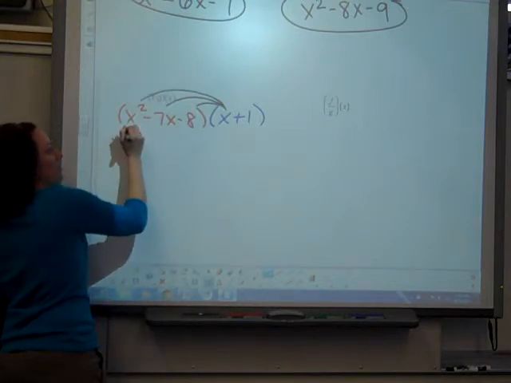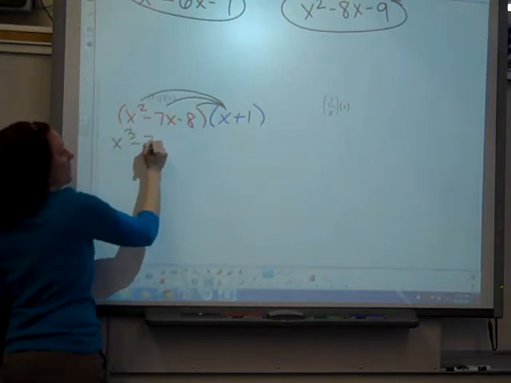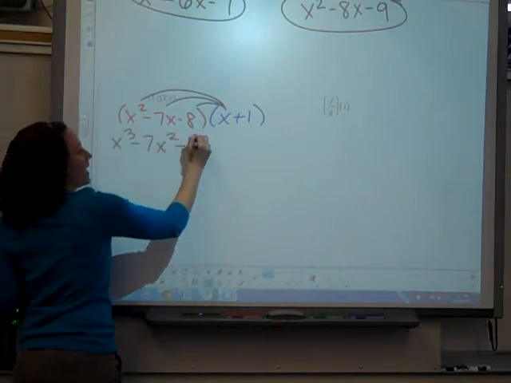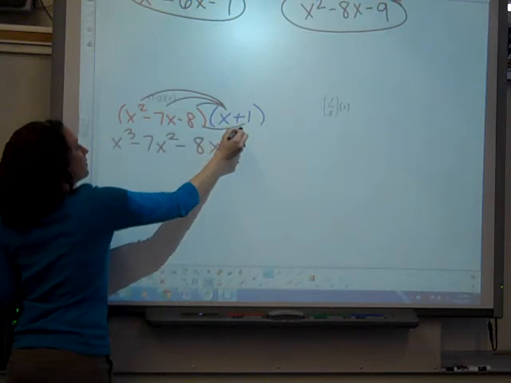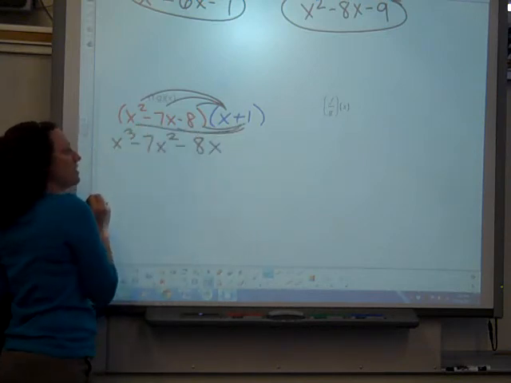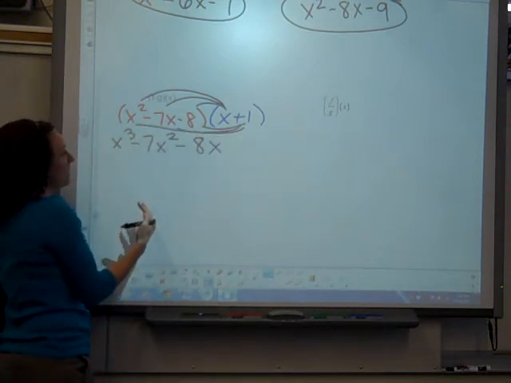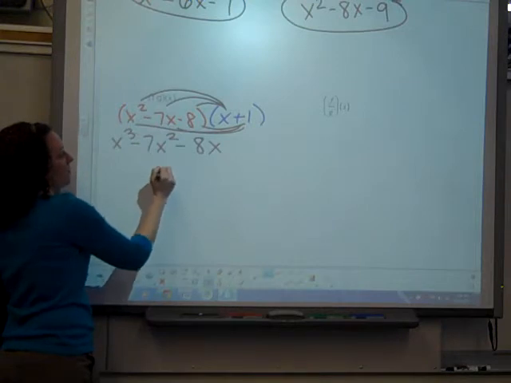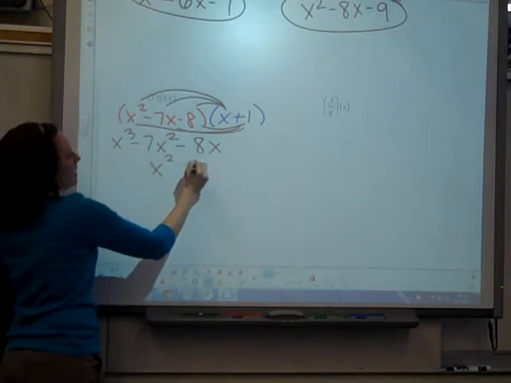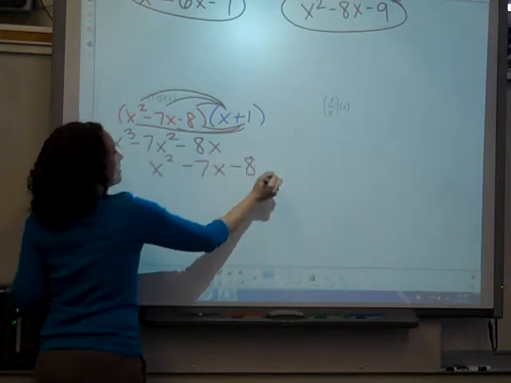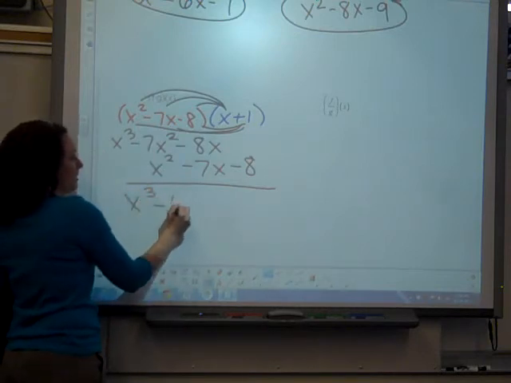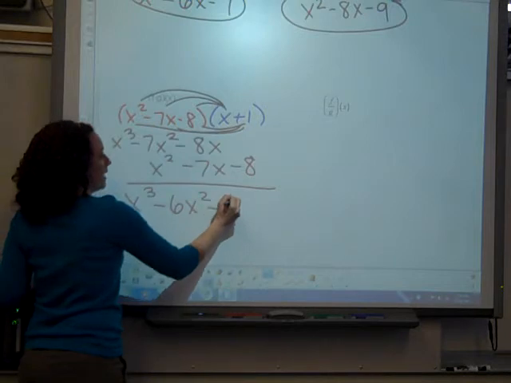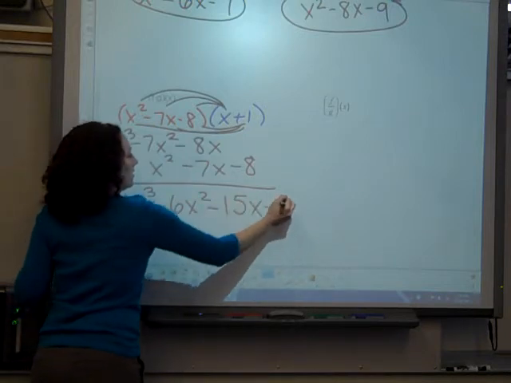So I have x cubed minus 7x squared minus 8x. And now I'm going to do everything times 1. And I like to put them underneath each other so I can kind of see and combine them later easier. So I have x squared minus 7x minus 8. I'm combining like terms, so I get x cubed minus 6x squared minus 15x minus 8.